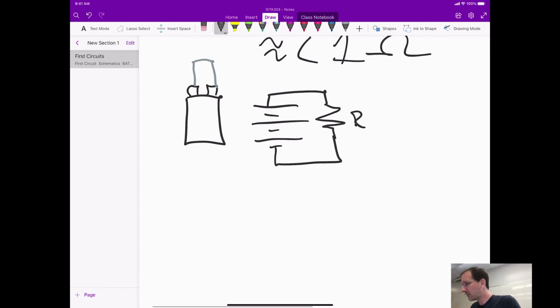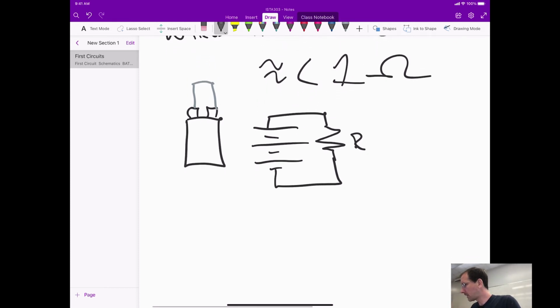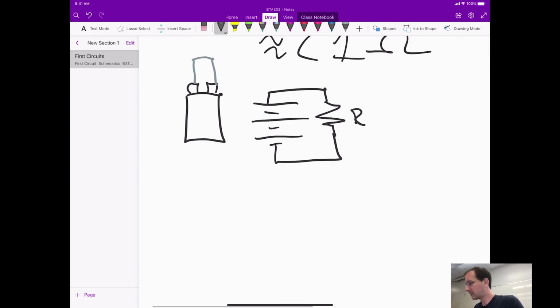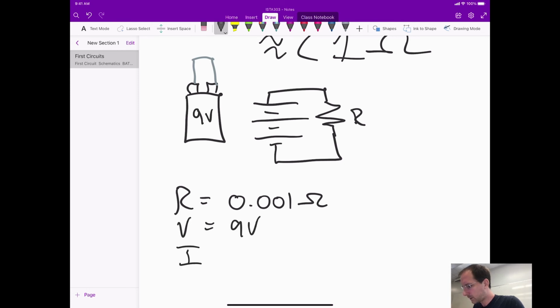So then the question is, what is that going to do to the current, right? And so why don't we just pretend that the resistance of the wire is very low. Say it's 0.001 ohms, and say this is a 9-volt battery here, so our voltage is equal to 9 volts. What on earth is our current going to be?